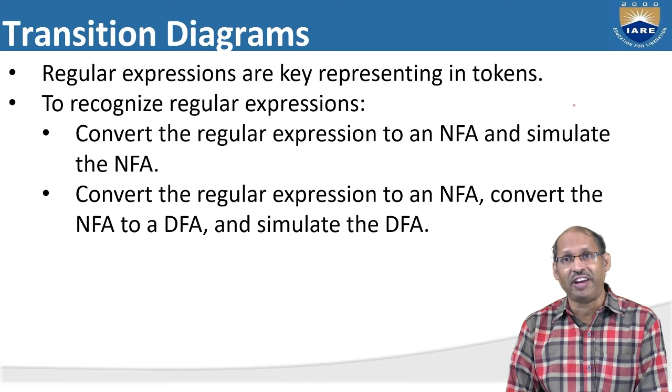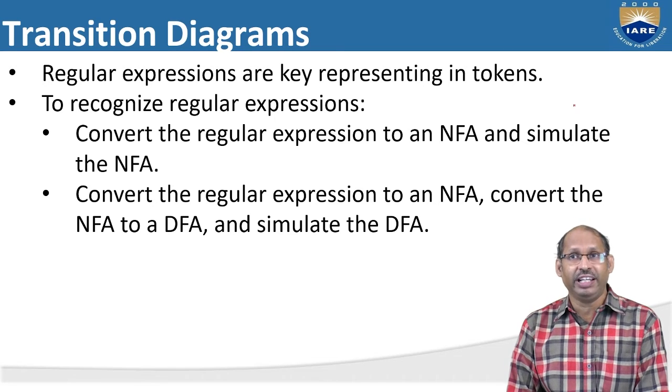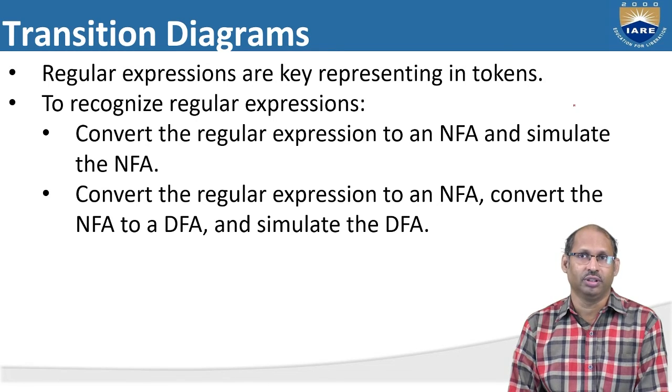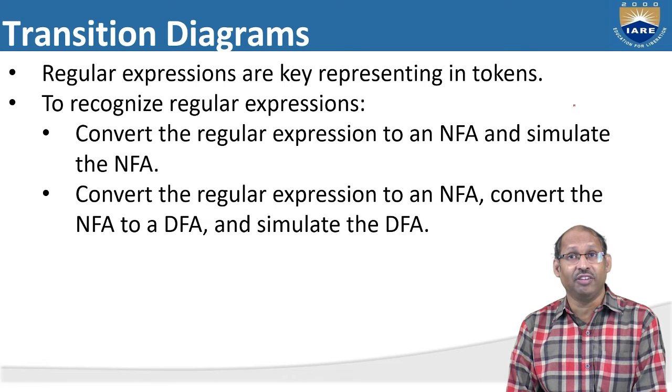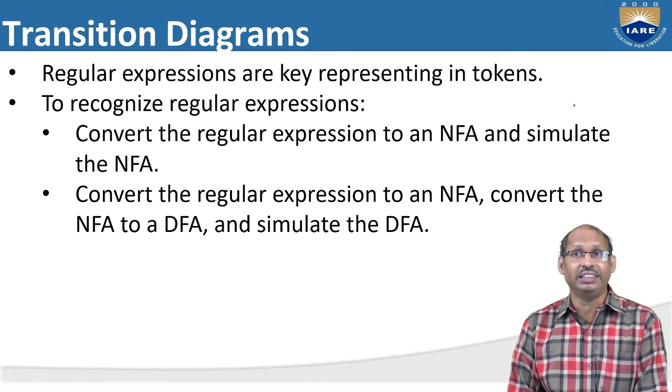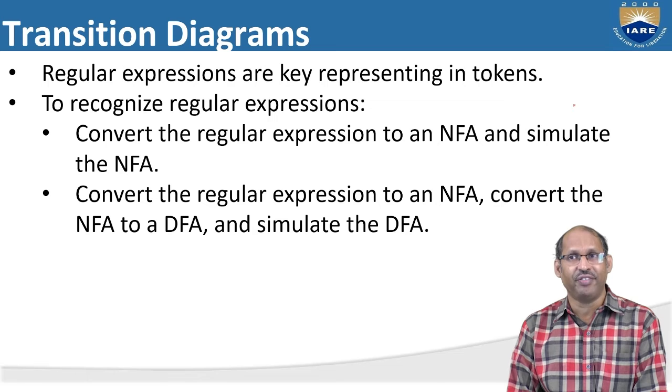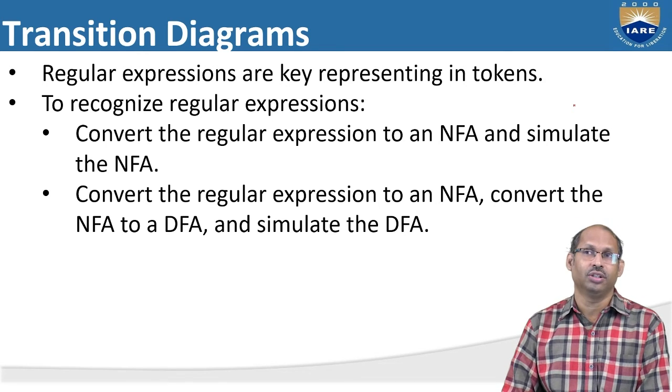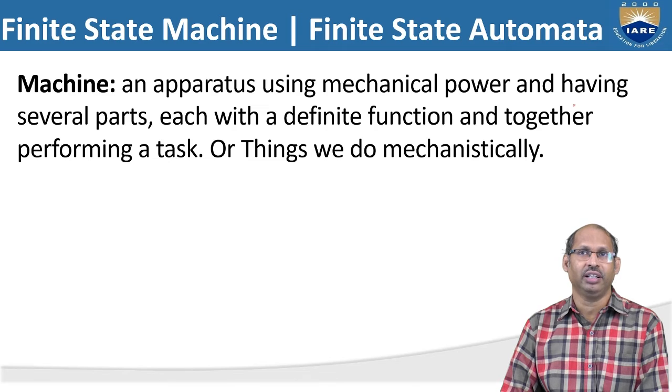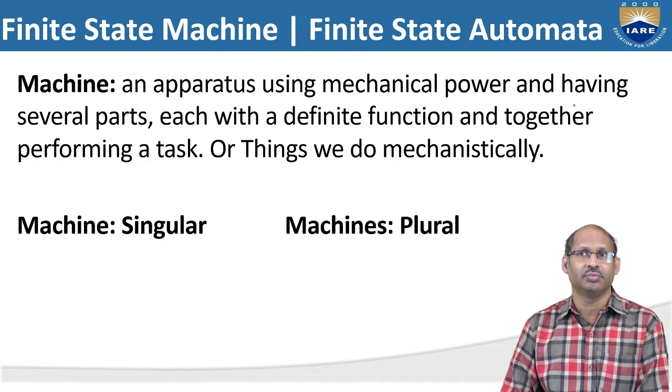A transition diagram is a finite automaton. The finite automaton might be a DFA, NFA, or NFA with epsilon. So we have to convert these regular expressions to an NFA with epsilon if needed, then to an NFA, then to a DFA. So what is a finite state machine?